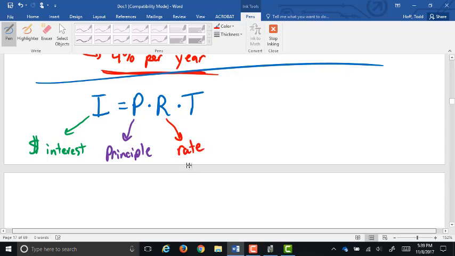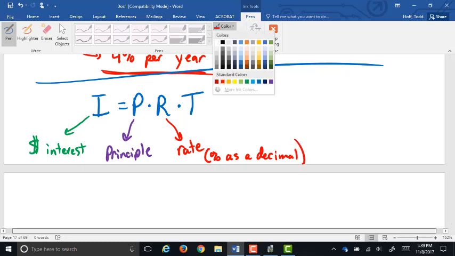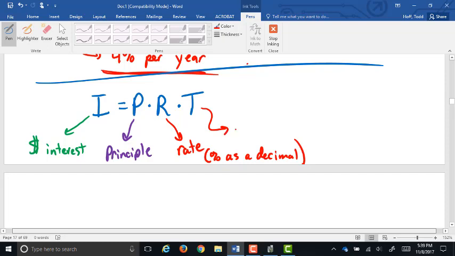R stands for rate. Remember, a rate is a percent as a decimal. And finally, T is time in years. It makes sense that if our rate is a percent per year, T is the time in years.